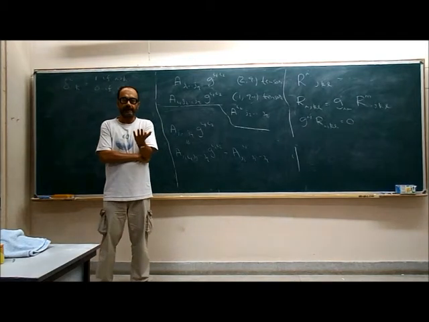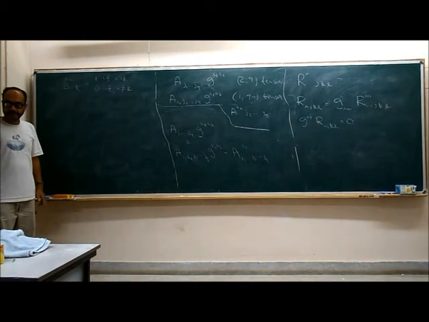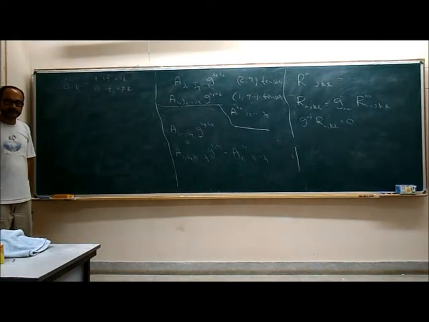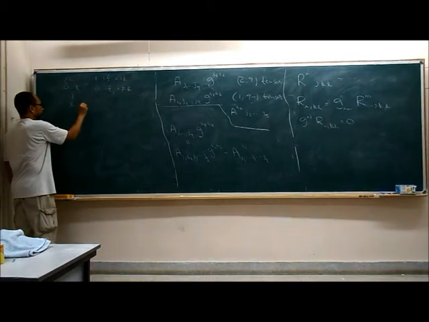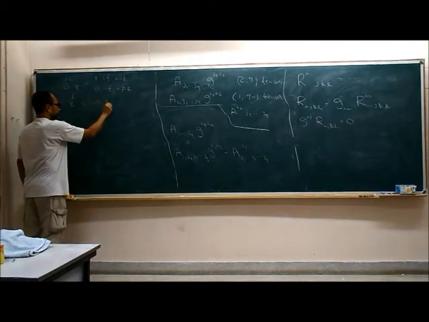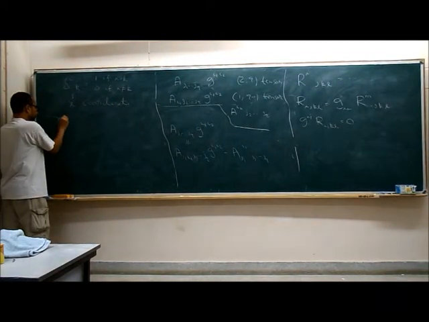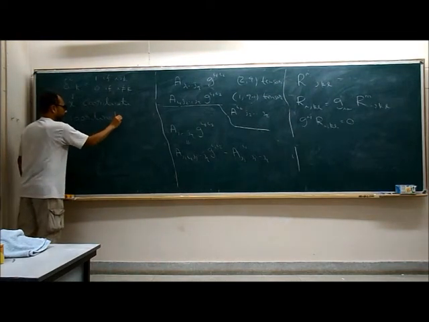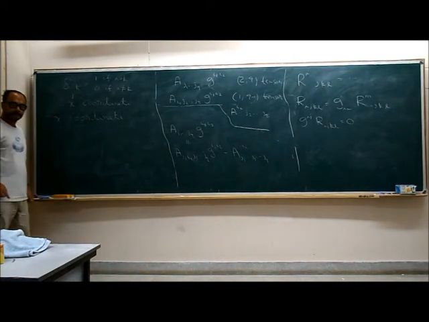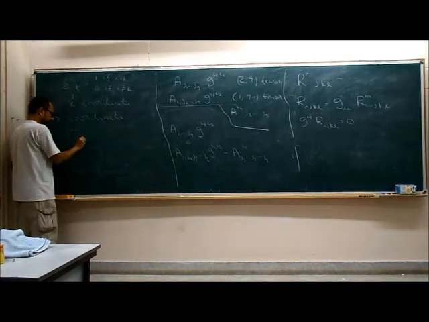So let's check what happens. Suppose you have taken this to be delta ik in some x coordinate system, and you want to see how it looks in the x prime coordinate system. We don't know whether it will still look like delta ik, so let's call it delta prime ik.